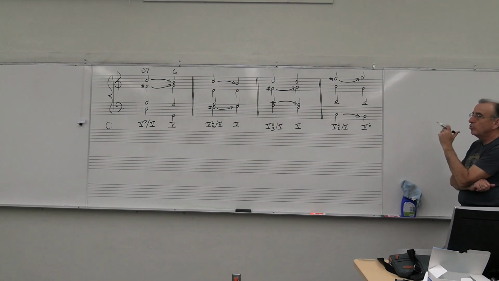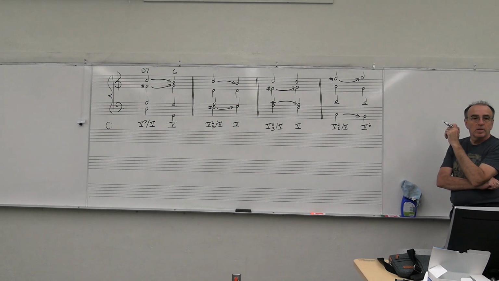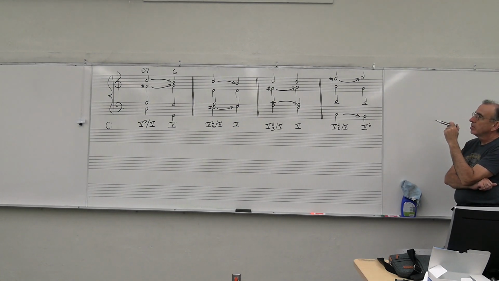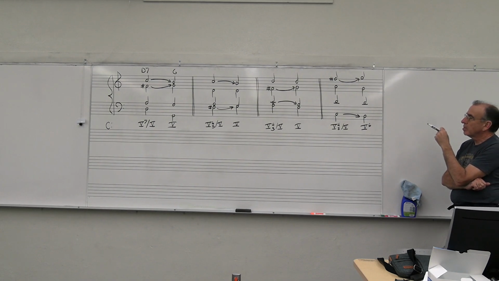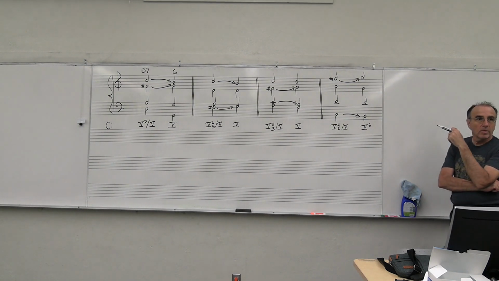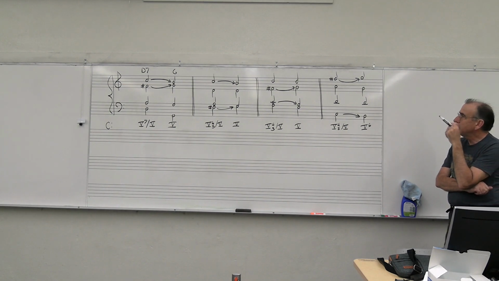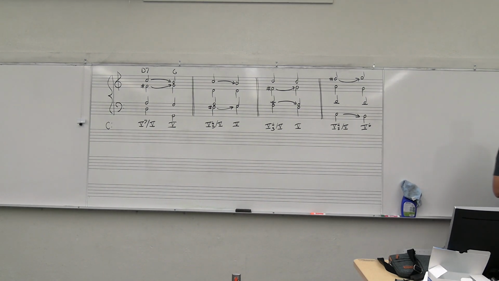So the same rules apply with these secondary dominants as applied to the dominant seventh. Those same tendency tones are happening all over again. So when I have this, then this is going to go down to here, this is going to go down to here. When I have it this way, there's my seventh key, there's my leading tone.